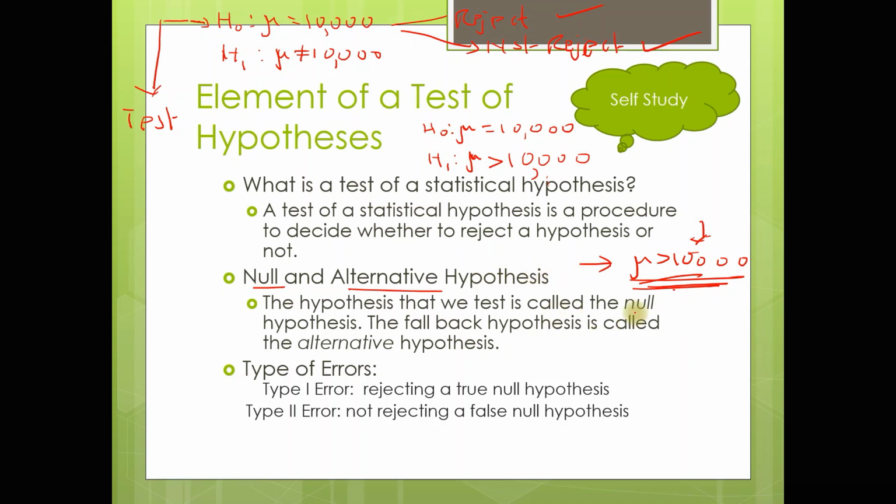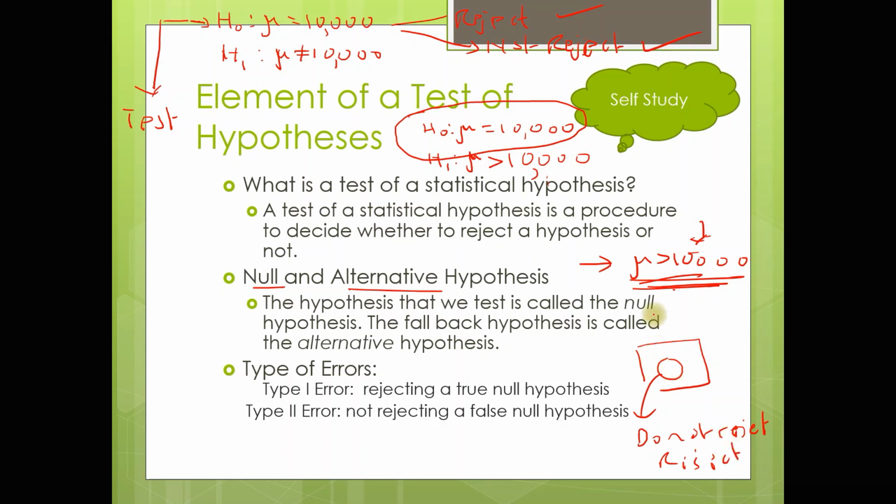And then there are a series of errors that occur. There are two types of errors. When you are rejecting the null, an error that may occur is that you may be rejecting a null hypothesis that is true. Because when you carry out your test or your procedure, you make use of your sample data to come up with a conclusion: do not reject, or reject.